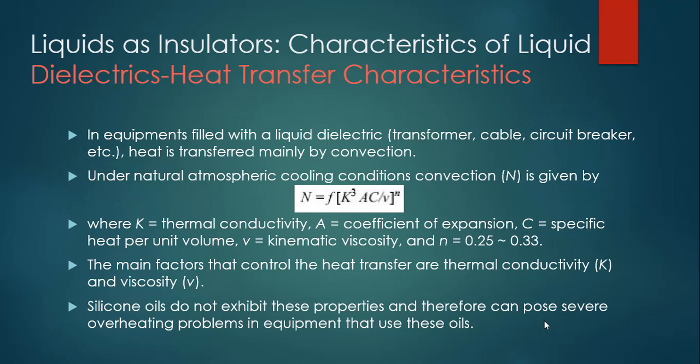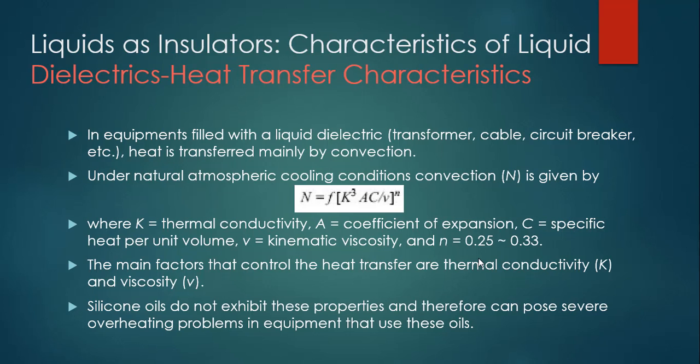Under natural atmospheric cooling condition, the convection, given by N, is equal to a function of K cube A C by nu to the power N, where K is the thermal conductivity, A is the coefficient of expansion, C is the specific heat per unit volume, and nu is the kinematic viscosity. N can take a value between 0.25 to 0.33.